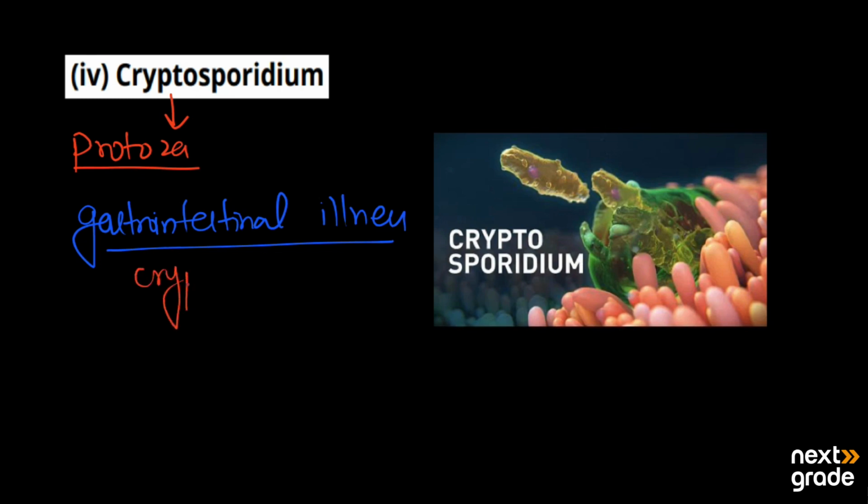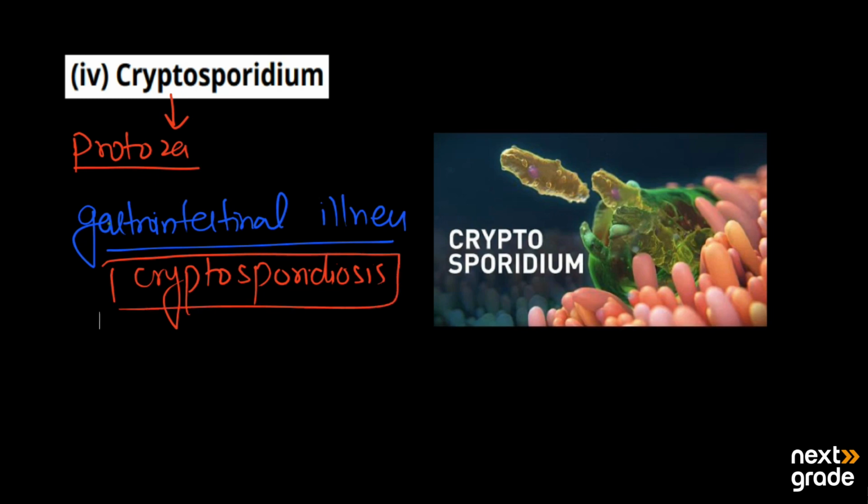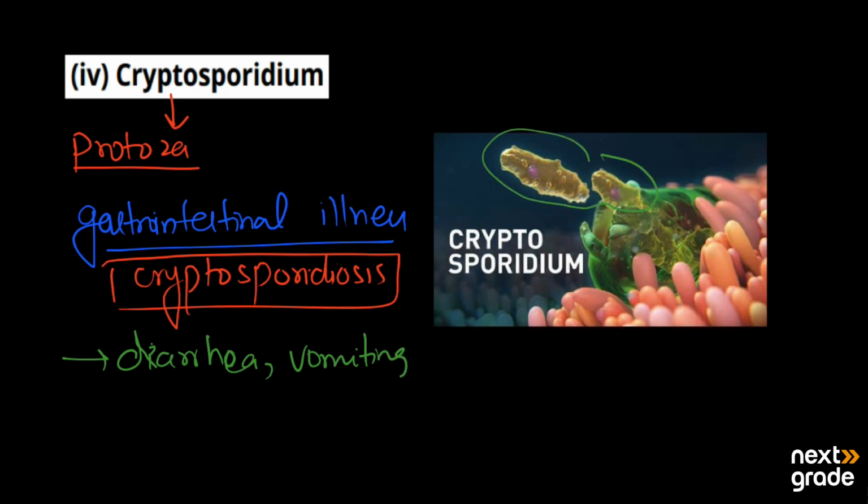Its name is cryptosporidiosis, and it includes different symptoms like diarrhea and also vomiting. Here, this is the picture of the cryptosporidium, which causes diarrhea and vomiting in the living organism due to water pollution, and it is mainly a gastrointestinal disease.